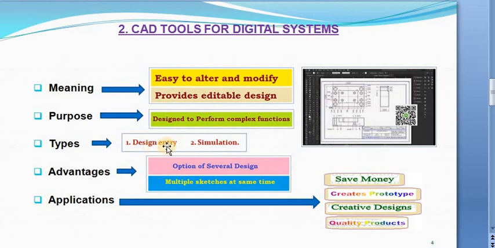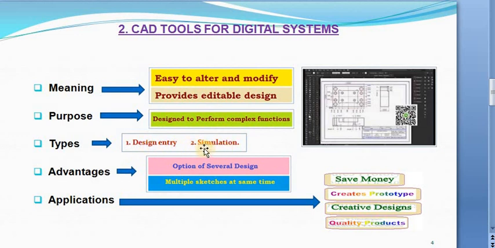And this design entry method is basically provided by the type of tool that is being used. Now here, this must be kept in mind that the code is written in hardware description language, that is VHDL or Verilog.